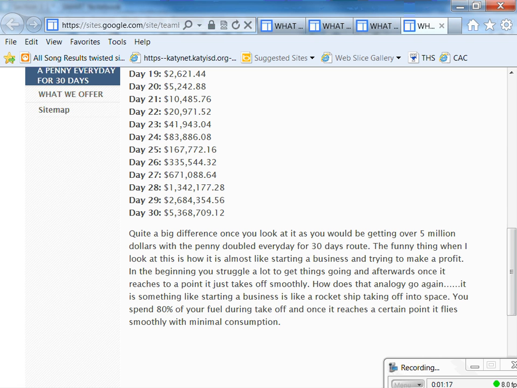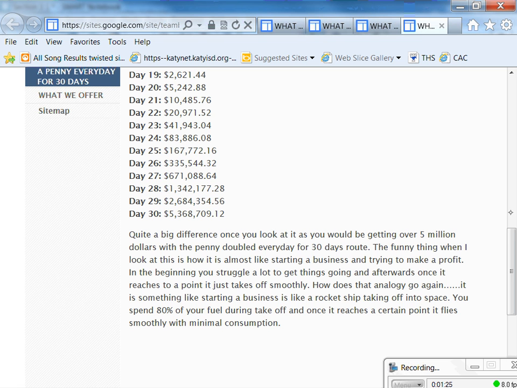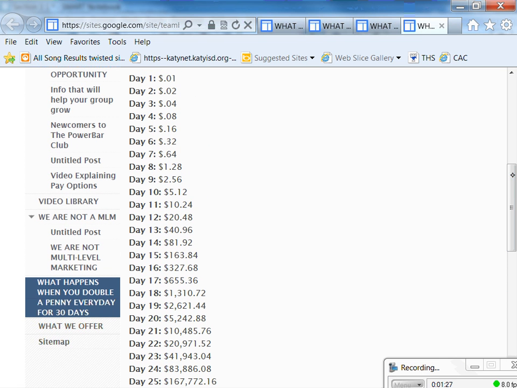Well, this is an example of exponential growth. As you can see, it started off increasing at a very small rate. Not much of a difference between that 1 cent, 2 cents, 4 cents. But as it progresses, around the 15th, 20th day or so, we can see a much more dramatic, steeper increase.